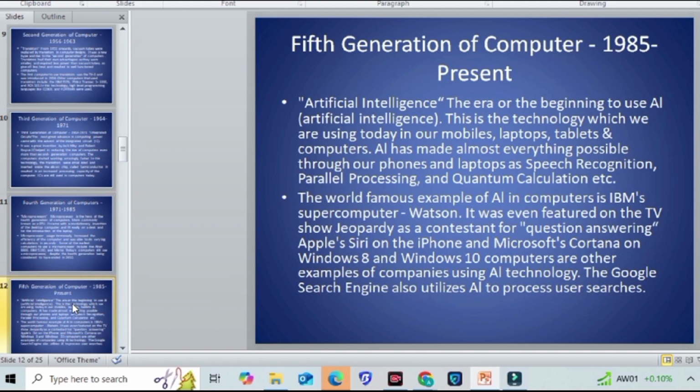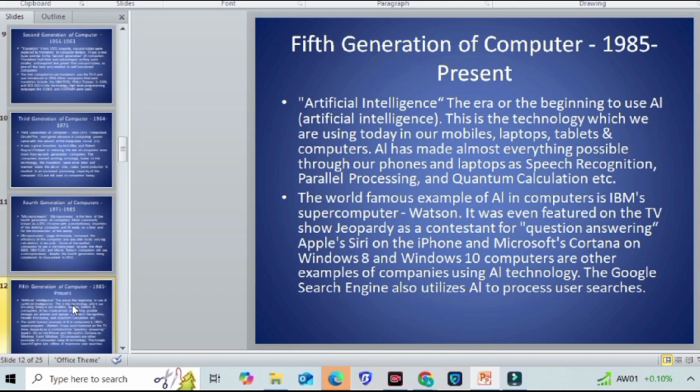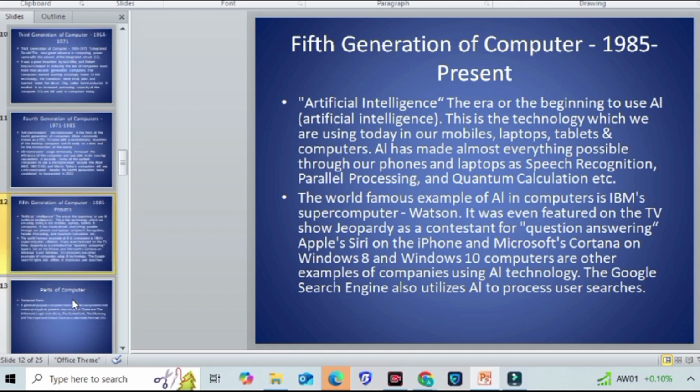Fifth generation of computer, 1985 to present, artificial intelligence, the era of beginning to use AI. This is the technology which we are using today in our mobiles, laptops, tablets, and computers. AI has made almost everything possible through our phones and laptops, such as speech recognition, parallel processing, and quantum calculation.